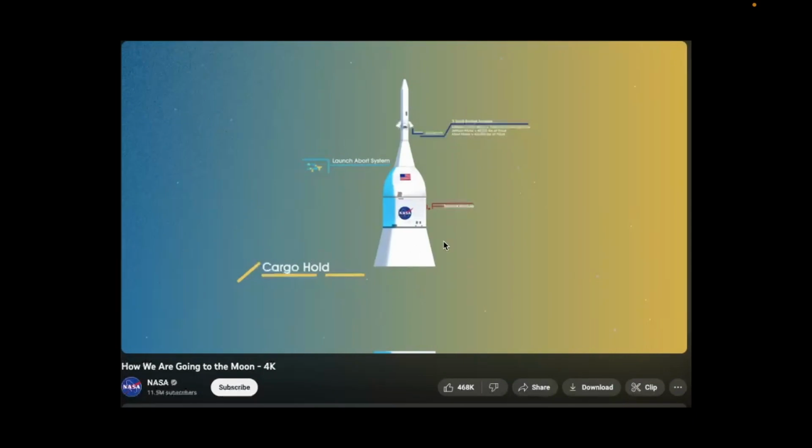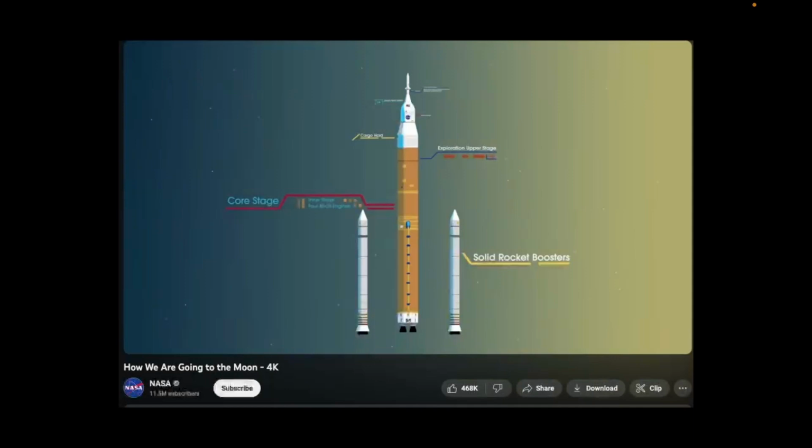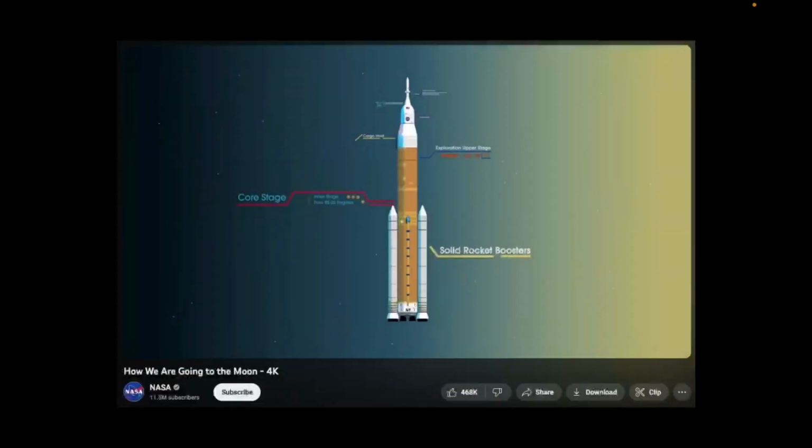Then we have a cargo hold to protect whatever is inside, and it can also attach to this launch cylinder, which will have some fuel and some other equipment as well. In order to get more thrust, more push, we need rocket boosters, which will be attached to this core staging area. Now we can already see that our information is somewhere here.